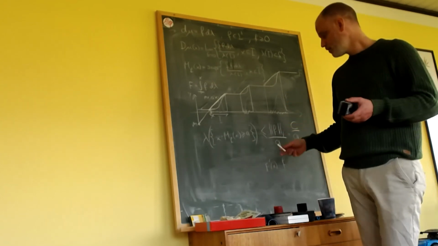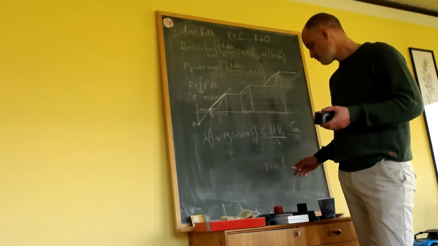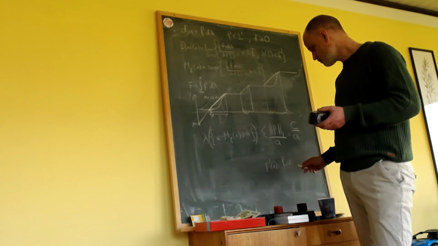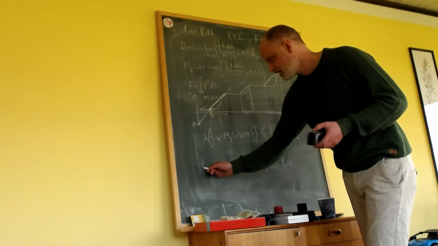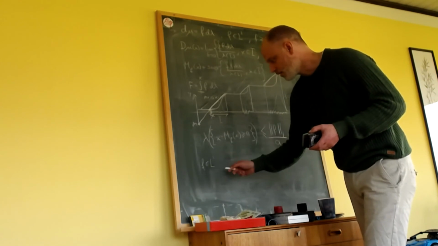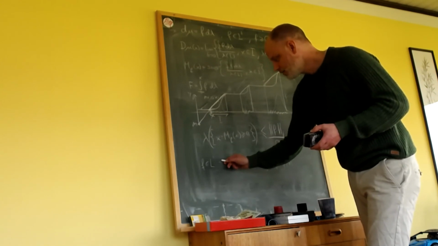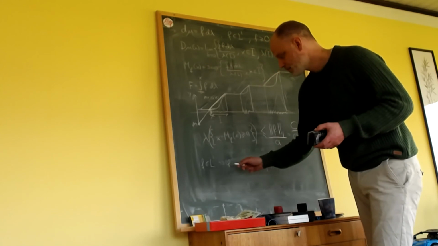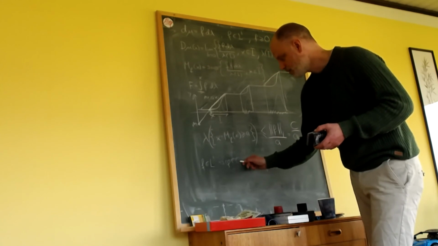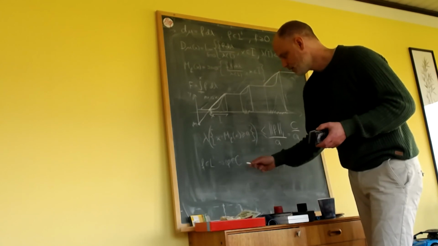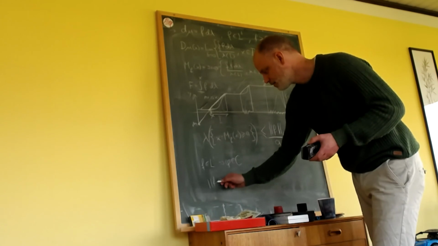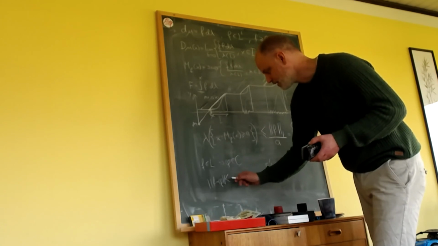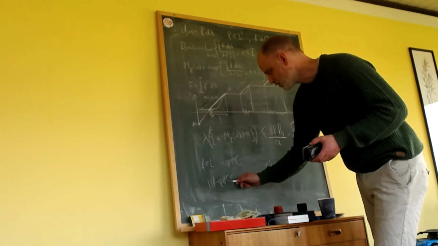What we can do is, you start with an f in L1, and then you take some phi, which is continuous, right? Such that the norm of f minus phi is less than some epsilon.